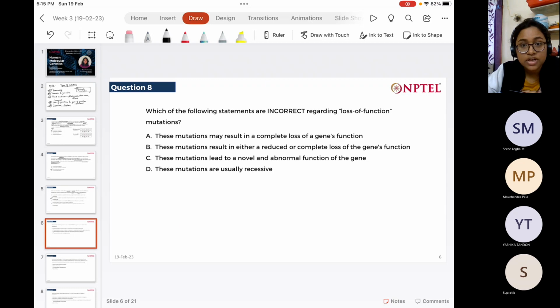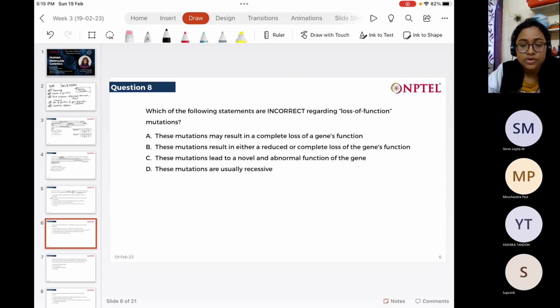If you have difficulty in understanding any of the options, do let me know. So the answer here will be C, right? A loss of function mutation doesn't generally lead to gain of a novel or abnormal function of a gene.